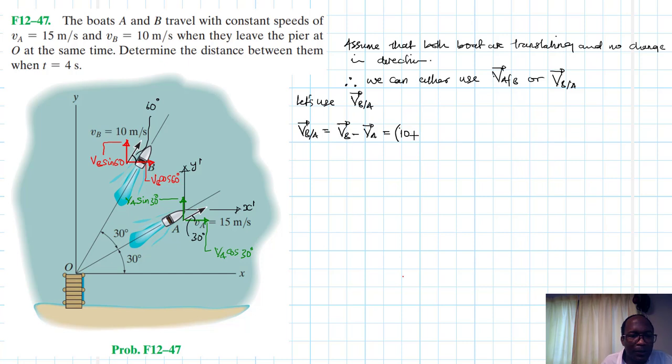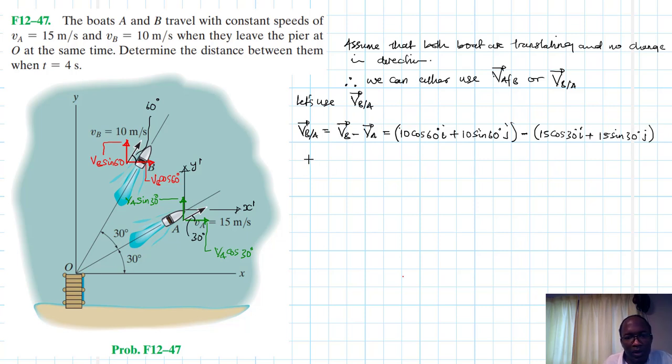We have 10 cos 60 i plus 10 sine 60 j, minus 15 cos 30 i plus 15 sine 30 j.